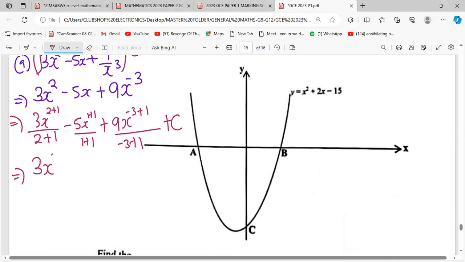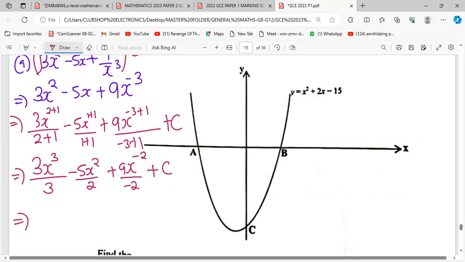3x to the power 3 divided by 3, minus 5x to the power 2 divided by 2, plus 9x to the power negative 2 divided by negative 2, plus the arbitrary constant.